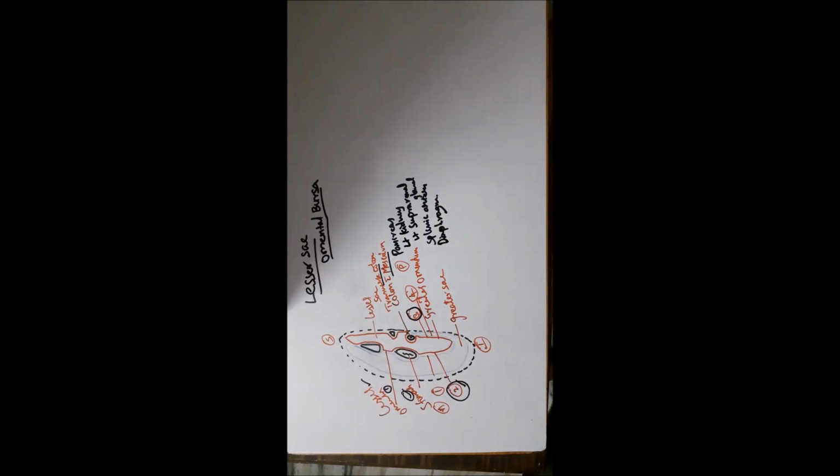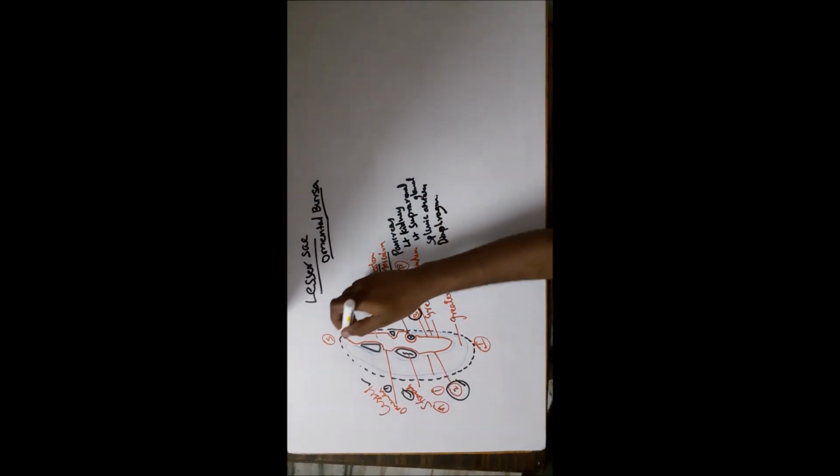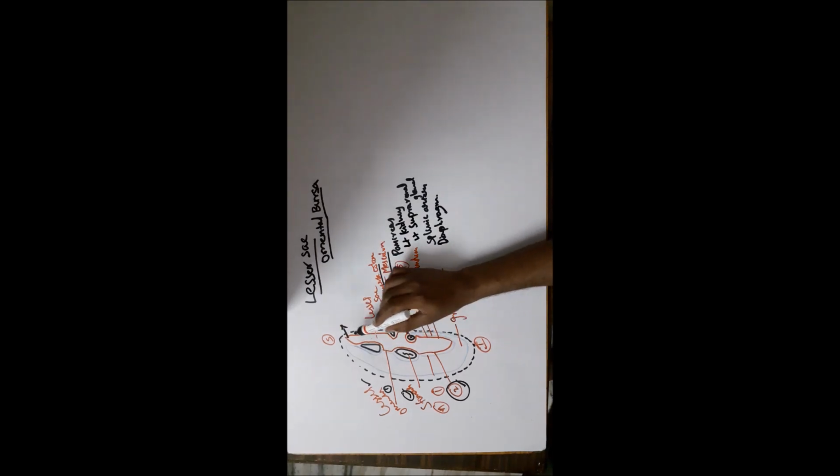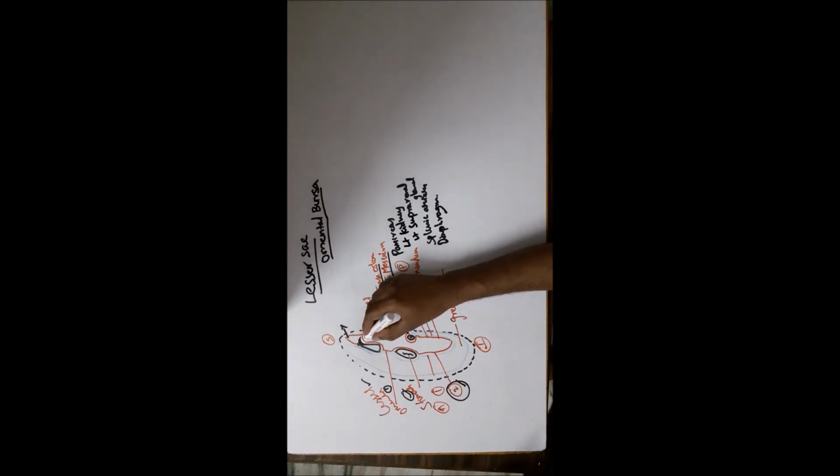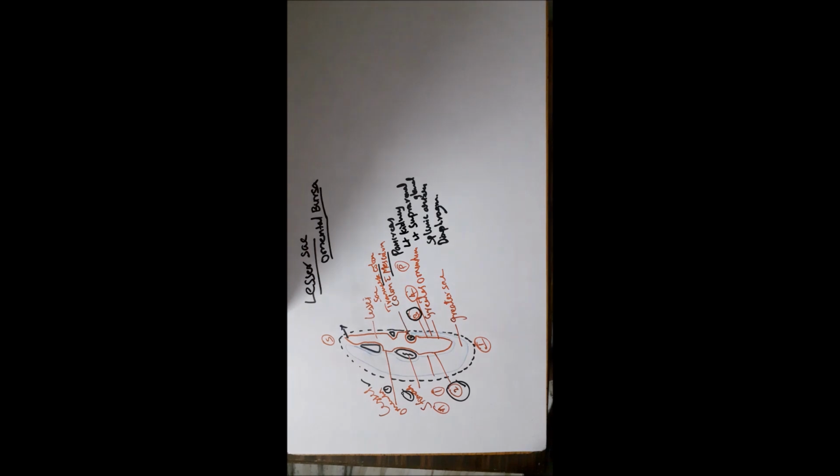Then about the superior border, at this point, if you see here, this peritoneum will be lining the diaphragm, then it goes back to the liver. So at this reflecting point we have the peritoneum reflecting over to the caudate lobe of the liver.